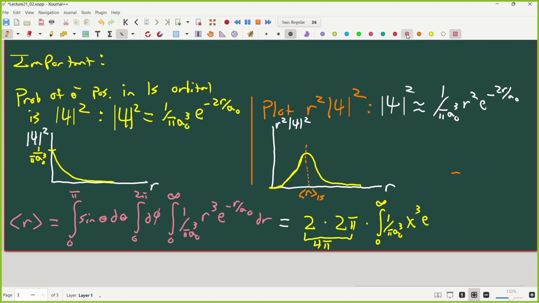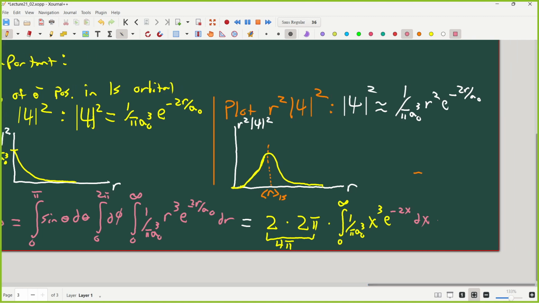Sorry, I forgot a factor of 2 in here. It's 2r e to the minus 2x dx. Again, I could do this integral in Wolfram Alpha. It's just by parts. You do parts by parts 3 times, and the answer you get is beautiful. Very simple. It's 3/2 a naught.